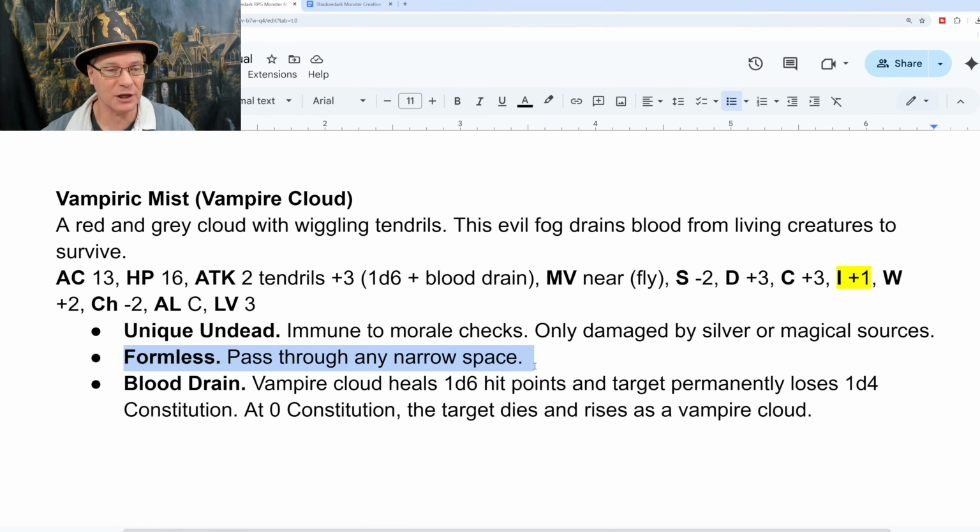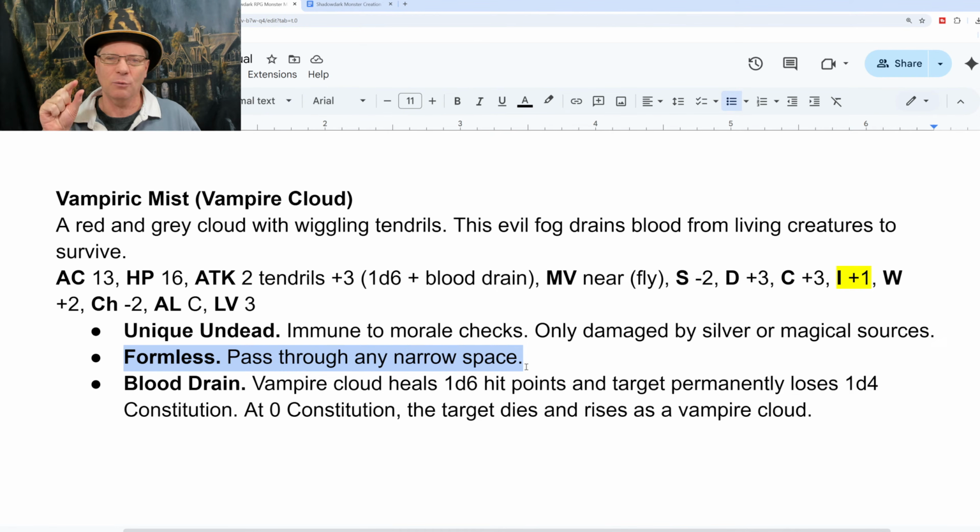So that's how I sort of structured it. I used the stat blocks from this based on what I knew from the other stat blocks in AD&D, 5e, and the history. And then Formless is really passing through a narrow space. It can pass through a narrow space. That's how it can move. It's not going to be trapped very easily. Now, when I say narrow space, it's as narrow as long as there's a space that it can move through it.